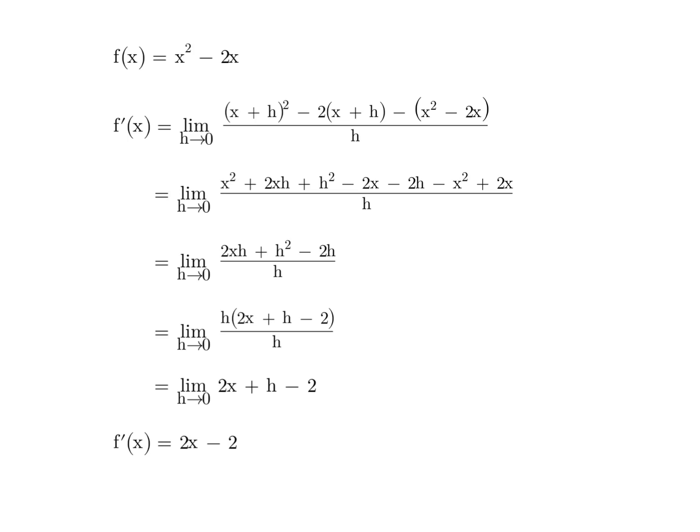So you're left with 2xh plus h squared minus 2h on the top. Take a common factor out again, take the h out. Simplify by cancelling out those h's. Substitute in h is 0 into 2x plus h minus 2 to give you our gradient function for this curve as 2x minus 2.